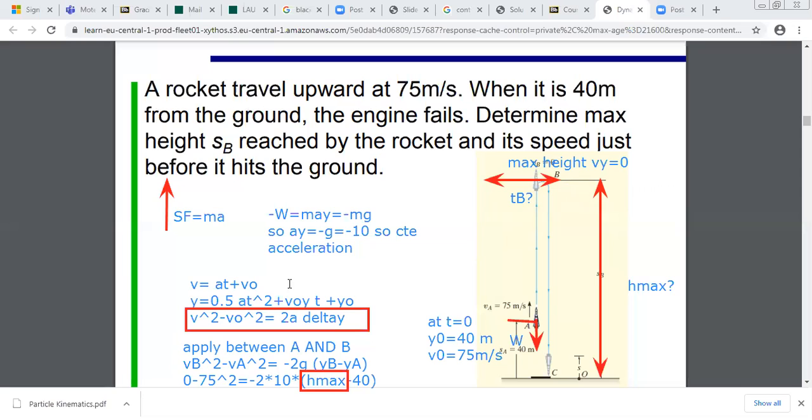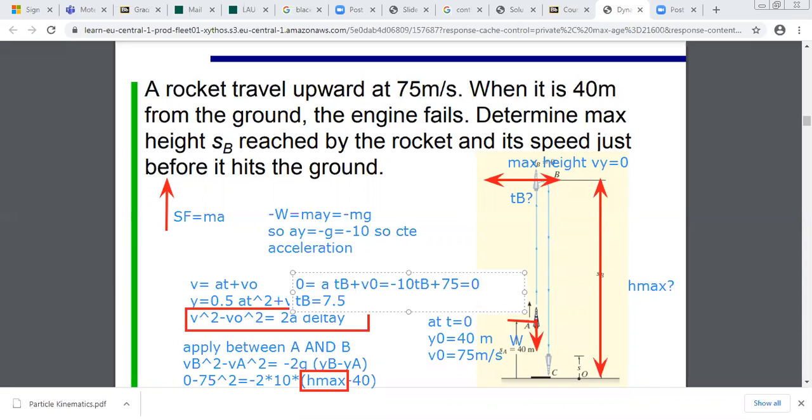At B the velocity is 0, so 0 equals A times TB plus V0. If we replace, it's minus 10 TB plus V0, V0 is 75, equals 0. So we deduce that TB is 7.5.